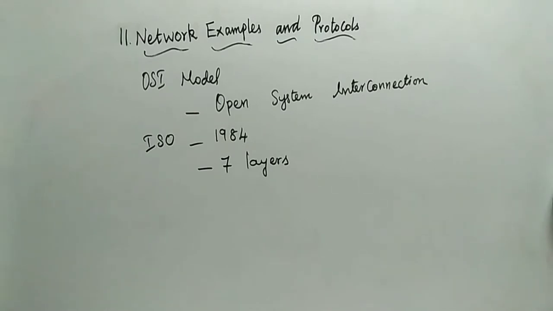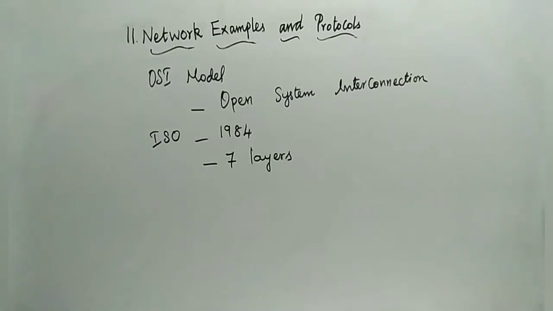From there it moves to the other end, the other computer. That computer also has 7 layers, each with specific functions to perform. Based on these layers, the data gets from one computer to the other. For performing this we need 7 layers.